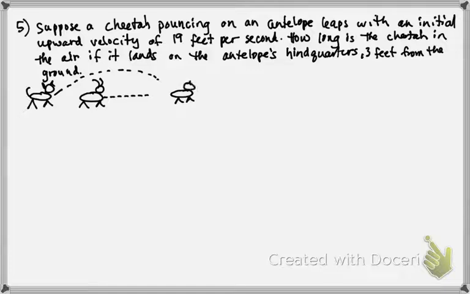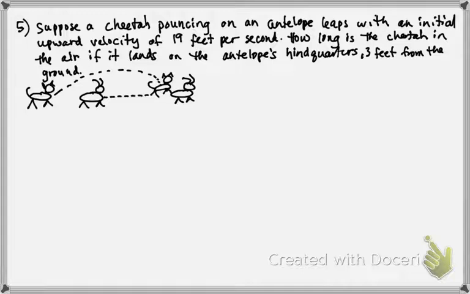And by the way, those are its horns, not its antennae. And you're going to get the cheetah just getting onto the backside, the hindquarters of that antelope.